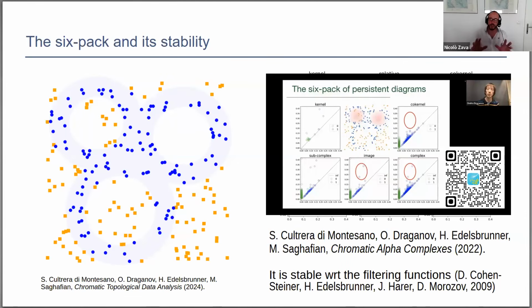You compare the two filtering functions with the supremum metric, and if they are similar in that metric, then the bottleneck distance between the diagrams is also small. Right, but it's a fixed domain, a fixed simplicial complex on which your two different filtering functions live. Yeah.